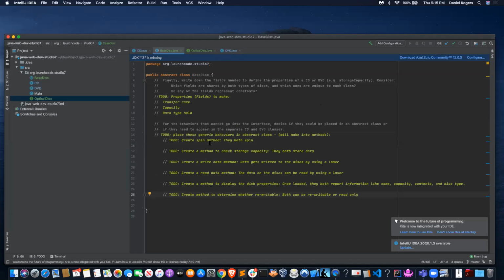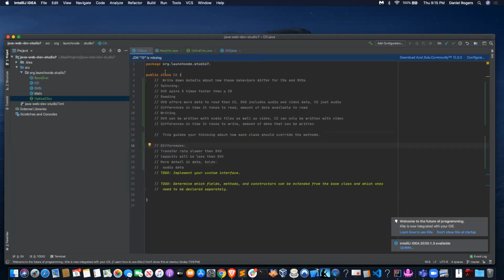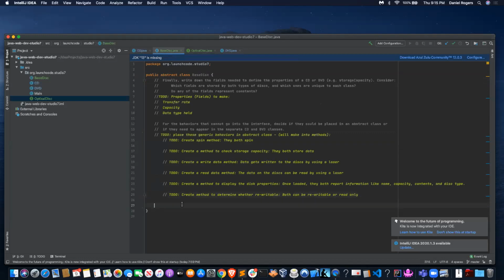So now we have a bunch of things to do. Now it's pretty well planned out, because basically we follow this to make methods to override these base methods.